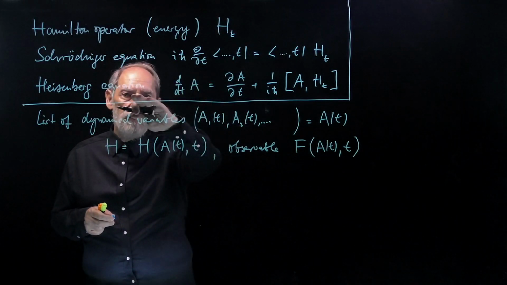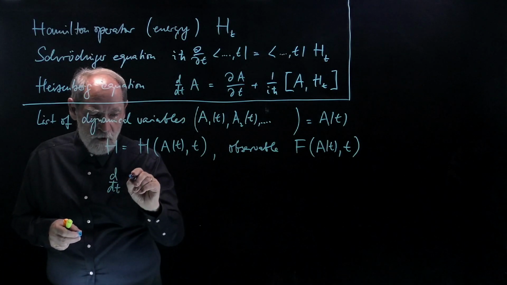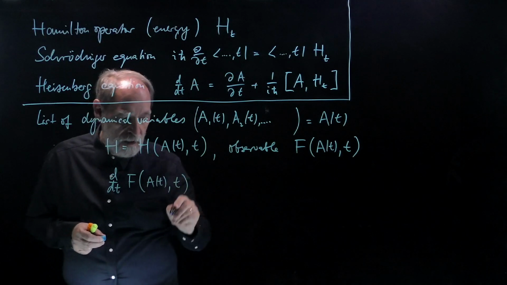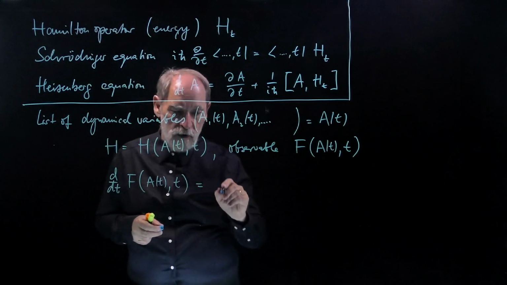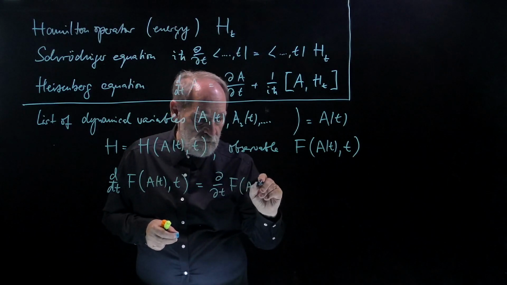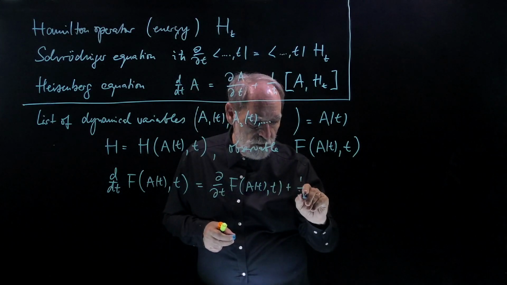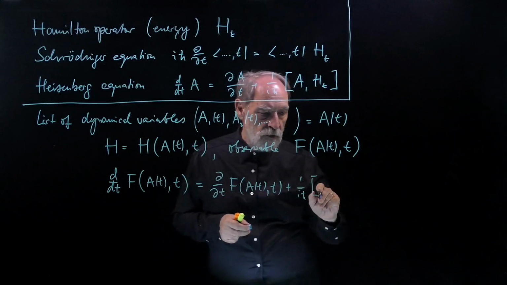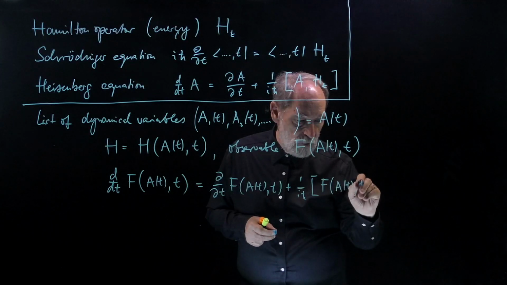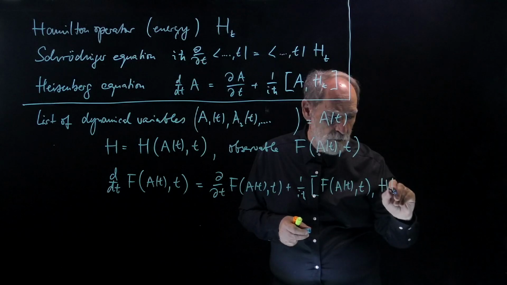So, now looking at the Heisenberg equation of motion, we would have the time derivative of this function of the dynamical variables equal to the parametric time derivative of that function plus the commutator with the Hamilton operator. And so now here the operator is a function of the dynamical variables, perhaps with a parametric time dependence, and so is the Hamilton operator.